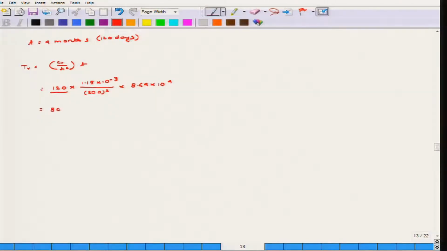So, it comes to 0.298, that is equivalent to 0.30. This is the time factor for the consolidation, and if you see the value of U, it comes out to be 0.613. So, for a settlement of 34 centimeter, it corresponds to 61.3% of total settlement.